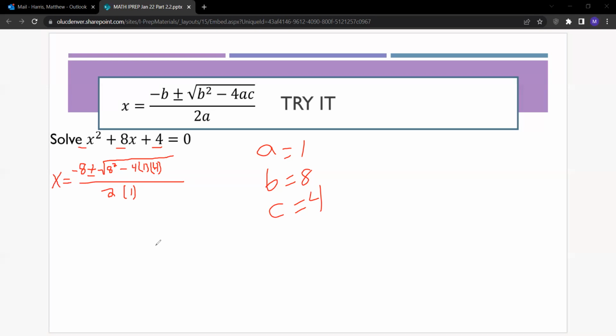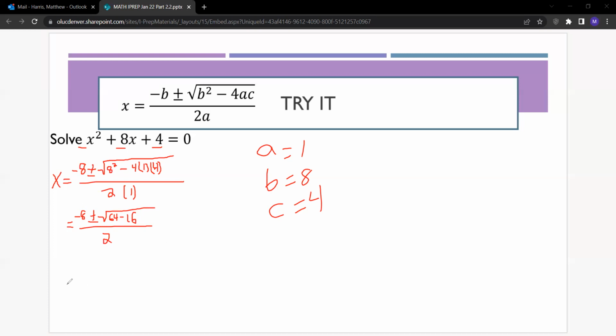So that is what our problem will look like initially. Then we can start solving. When we solve, we keep that negative 8 the same for now, plus or minus. Here we have 64 minus 4 times 1 times 4, which is 16. All of that is going to be over 2 times 1, which is 2.